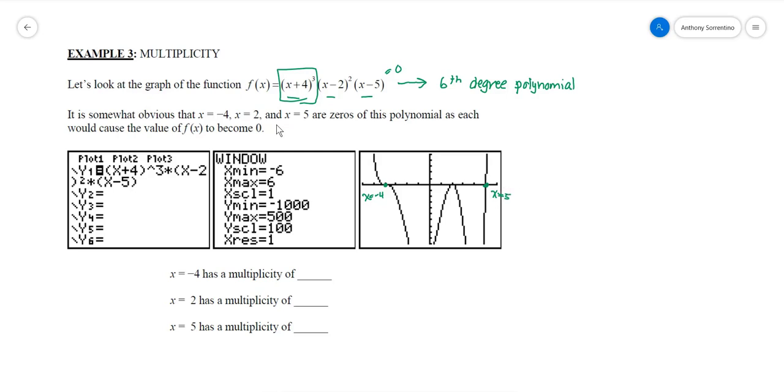It doesn't level off and flatten before it goes through. So -4 has a multiplicity of 3, which means it counts as 3 zeros. That's what we mean by multiplicity. x equals 5, as we mentioned, has a multiplicity of 1, which means it counts as 1 zero.